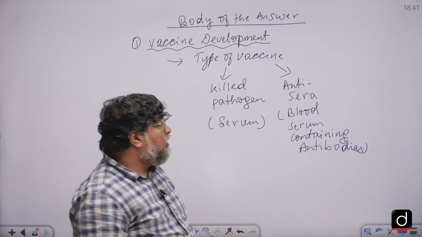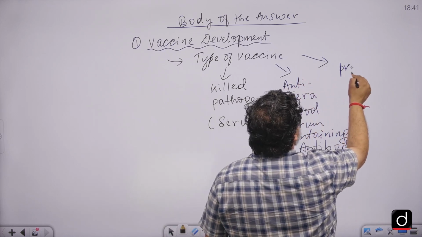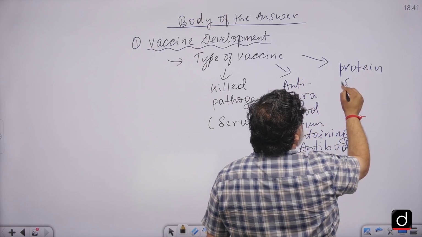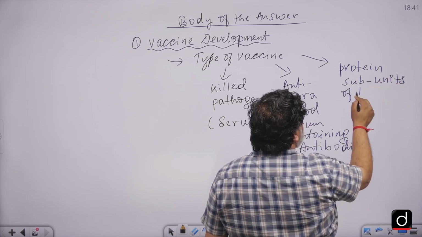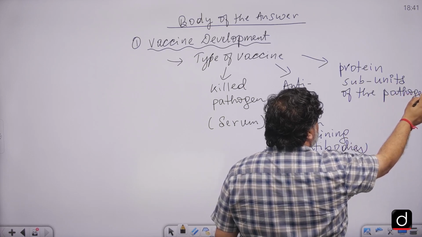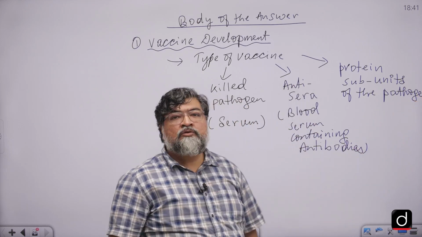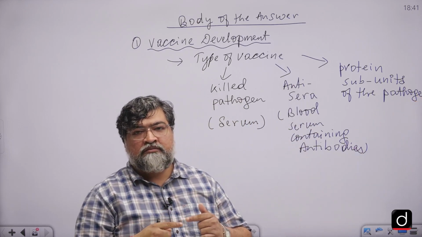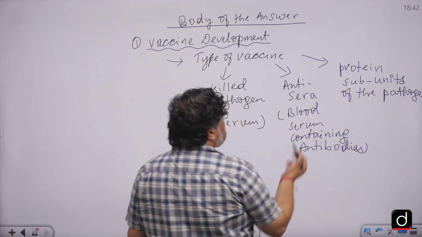Or maybe the vaccine may contain protein subunits of the pathogen. Let's say the COVID-19 virus, like in COVID-19 spike proteins, any subcomponent which is developed.